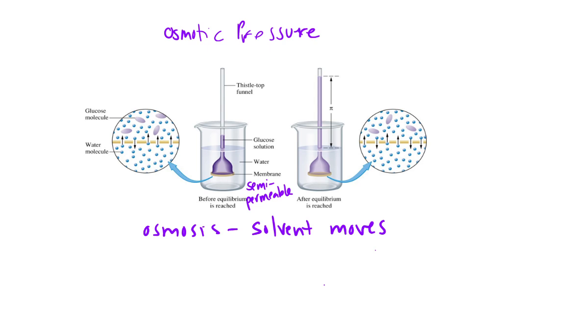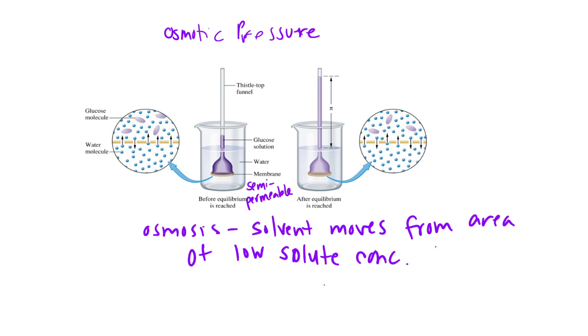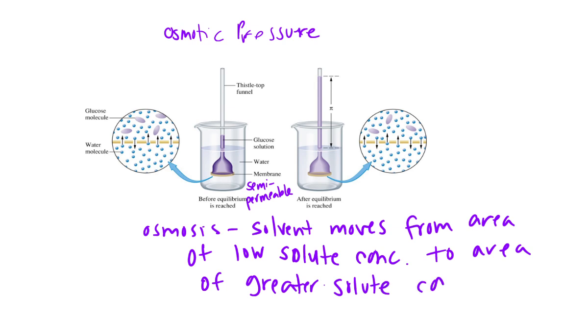So the solvent moves from an area of low solute concentration, CONC for concentration, to an area of greater solute concentration. There are thermodynamic reasons for this, which we won't talk about yet because we will get to those in a later chapter.